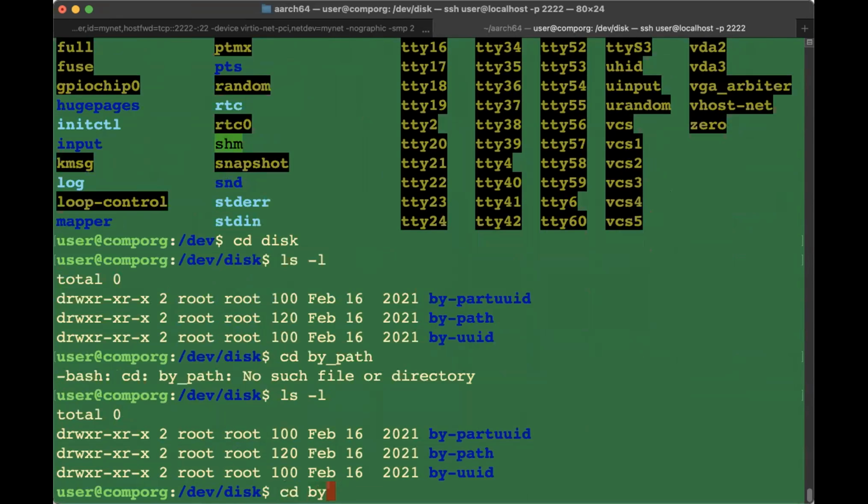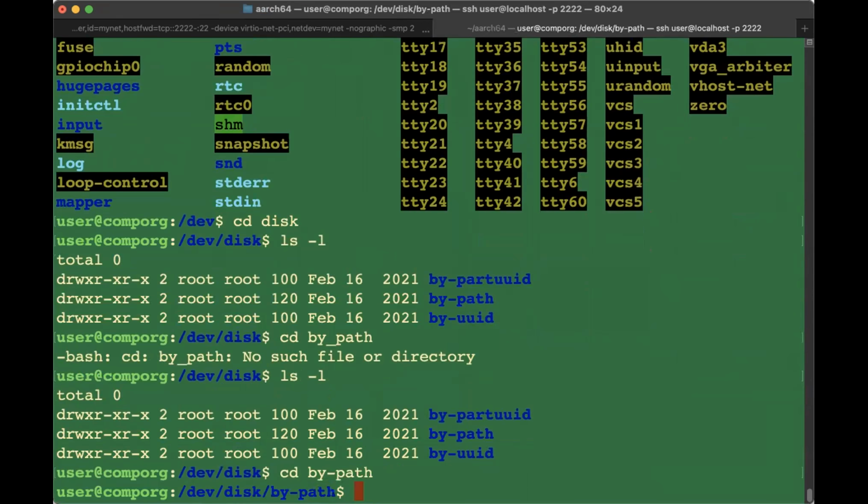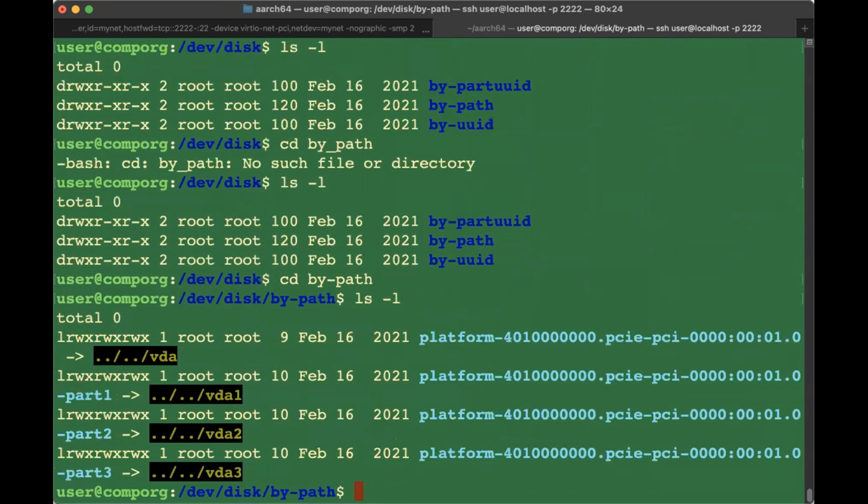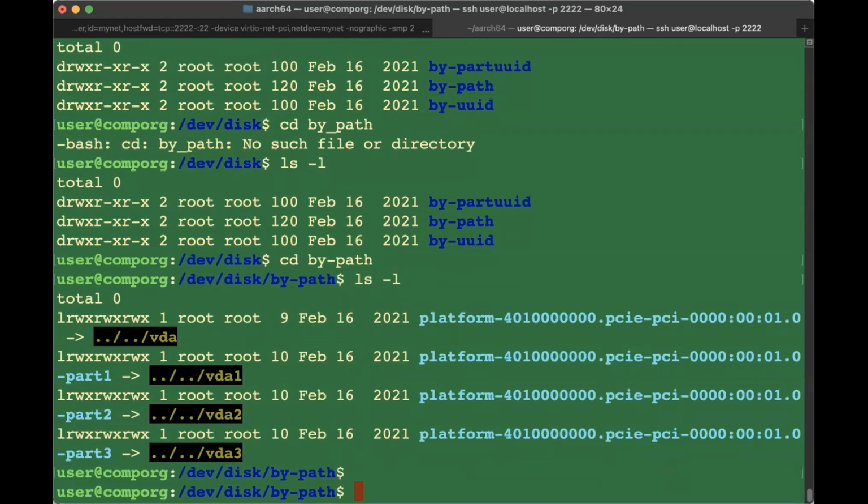A hyphen, not an underscore. Oh, got it. Thank you. Okay, so these are just links. Oh, well. But I see where they're linking to, so that's where I'll go. So L says this is a linked file. It's not a file itself, it's a link to a file.